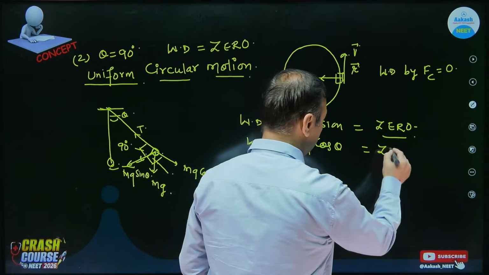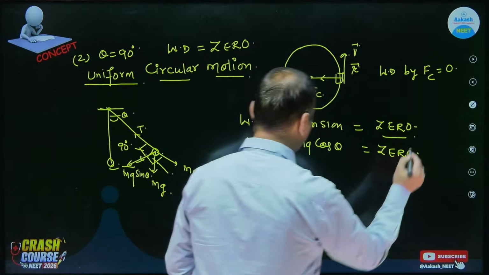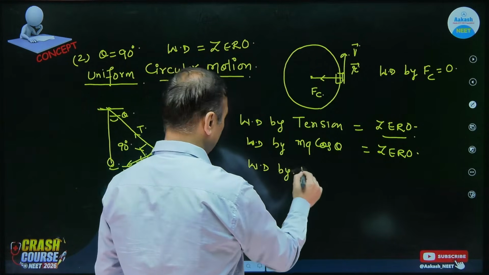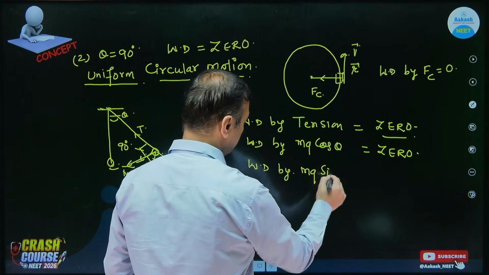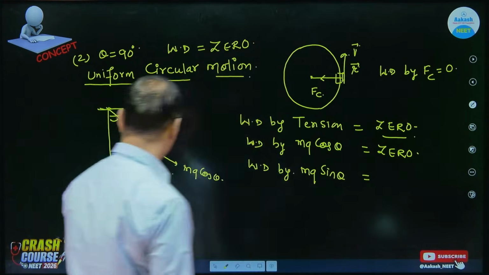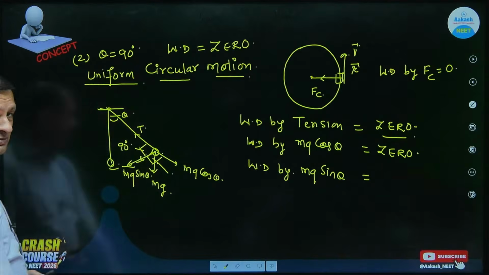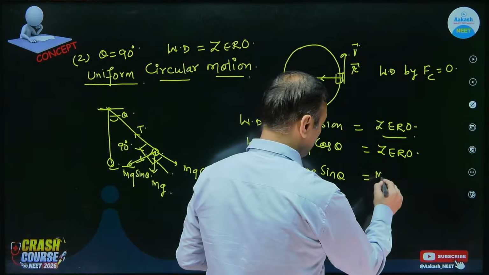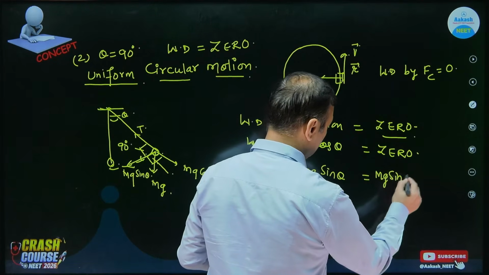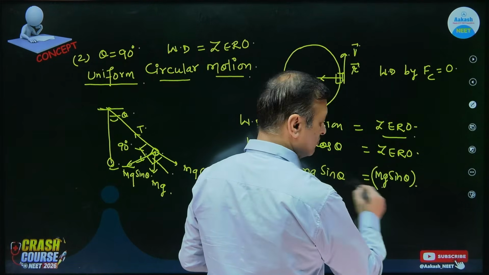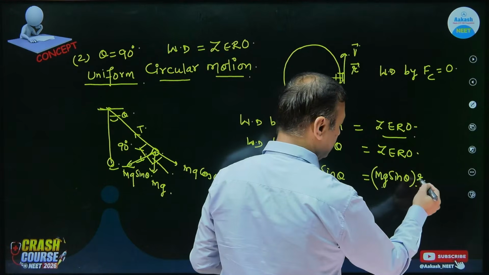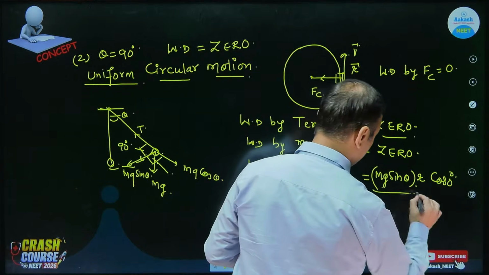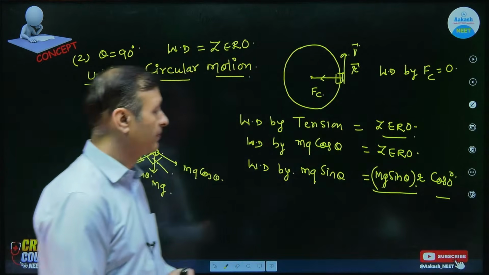So work done by mg cos theta is still 0. And if I say work done by mg sin theta, mg sin theta is basically responsible for this displacement. So this is along. So F into displacement, that is r or maybe d, whatever it is, and this is cos 0. So this work done is there, cos 0 is 1.